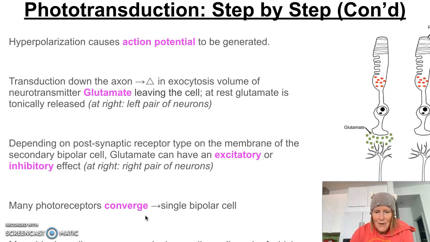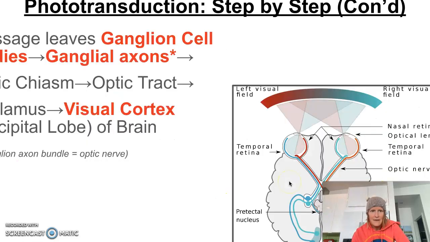The ganglion cell body passes this neural impulse on, but the axons of the ganglion cells are what make up, in bundles, the optic nerve. I'm getting ahead of myself.